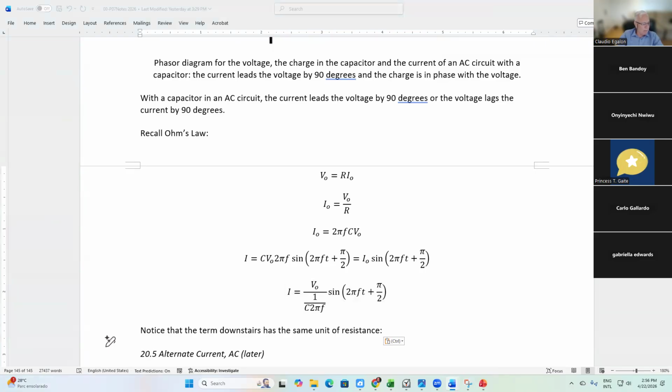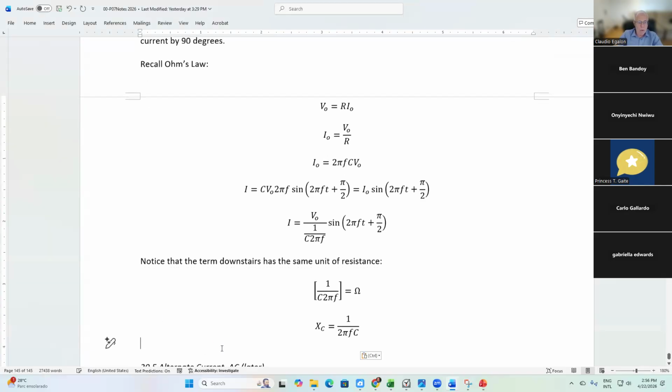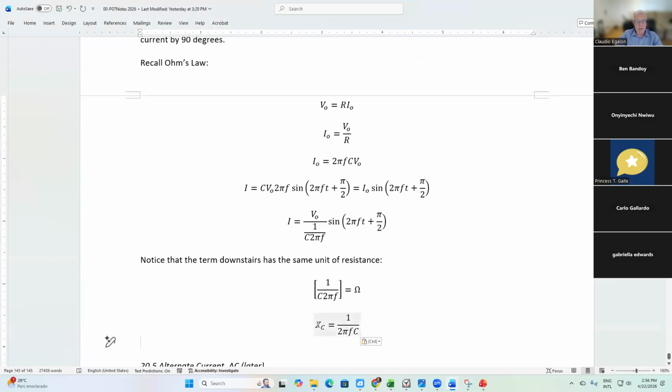So we give it a different name, and because we give it a different name, we also give it a different symbol. It's X sub C.